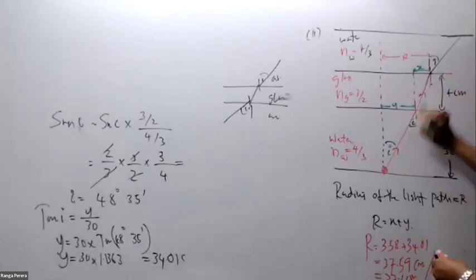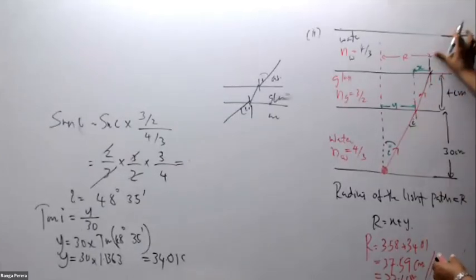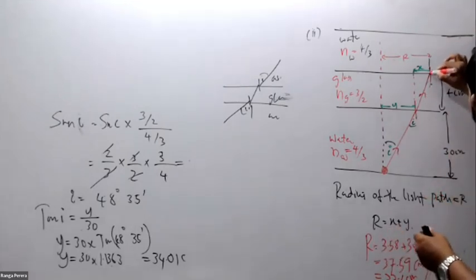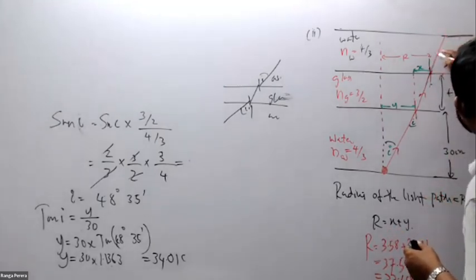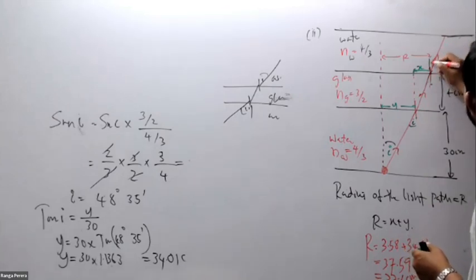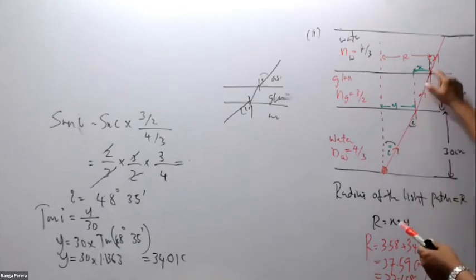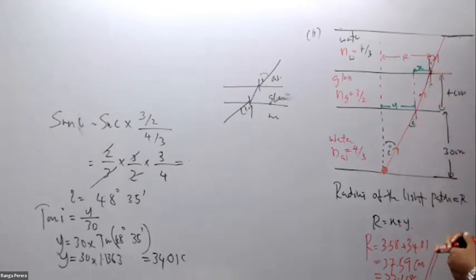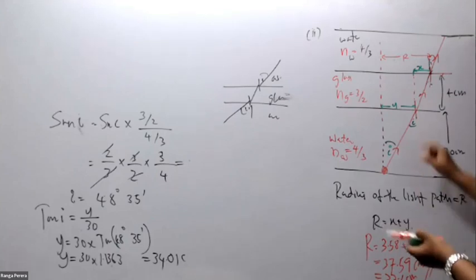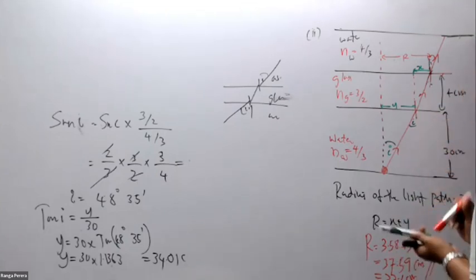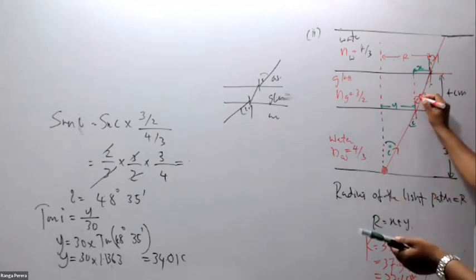This must be parallel to this. The basic idea which we discussed earlier: if that is I, this must be I. If that is I, this must be the previous angle, which was known as the critical angle earlier.